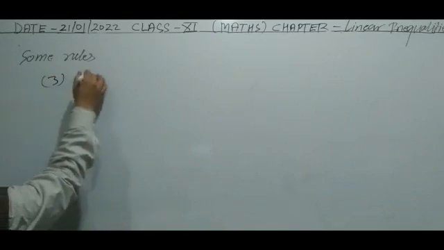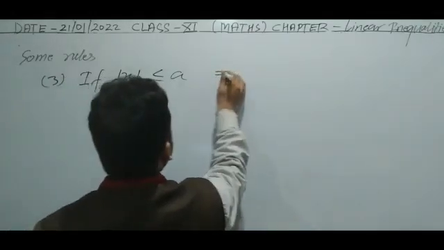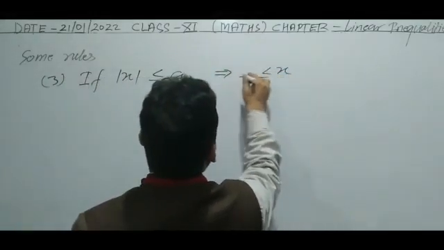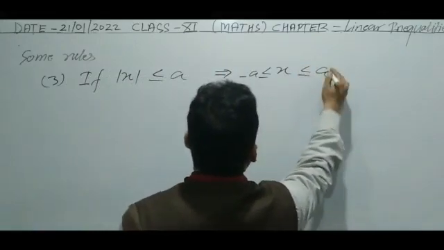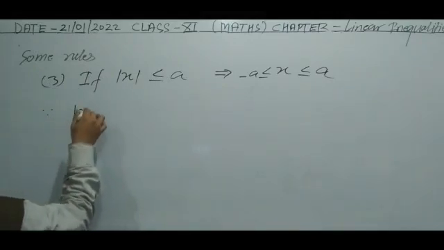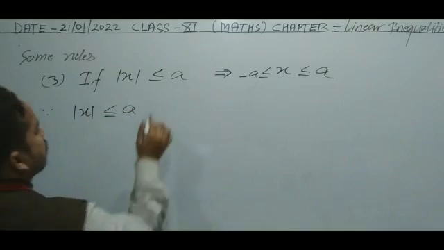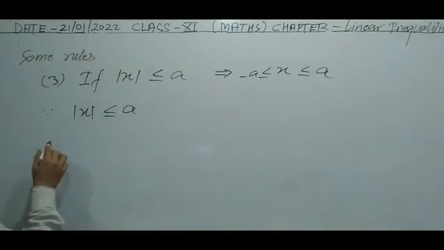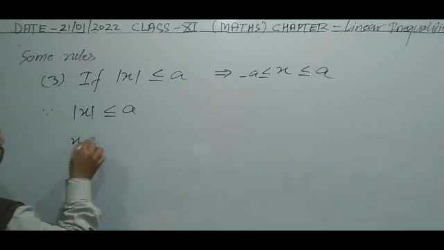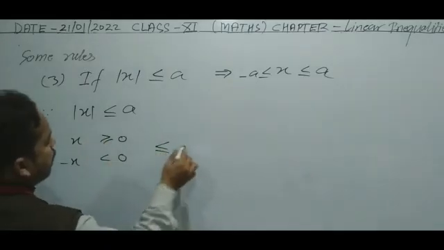Third, if mod of x is less than or equal to a, this implies x is greater than or equal to minus a and x is less than or equal to a. So see, since mod of x is less than or equal to a and you know its function, we can write for x greater than or equal to 0, this is x, and for x less than 0, this is minus x, and this value is less than a.